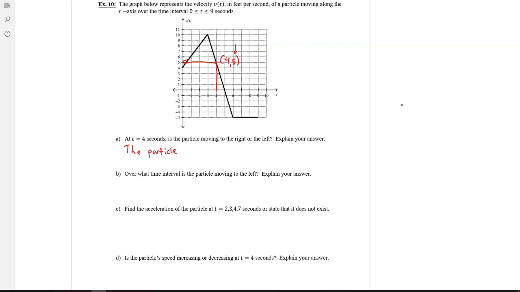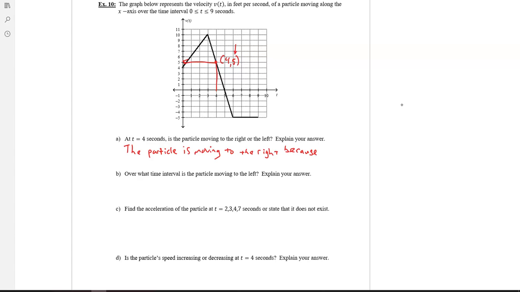If you don't have another idea, do you want to pass it along to someone else? All right, pass it off. Very good. Moving to the right. Adam, can you help him out? So we got the first part.